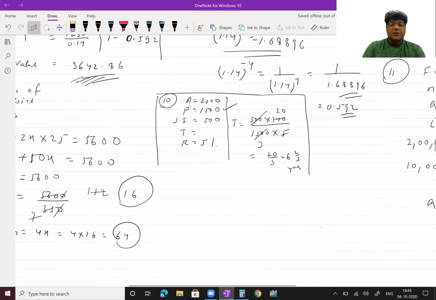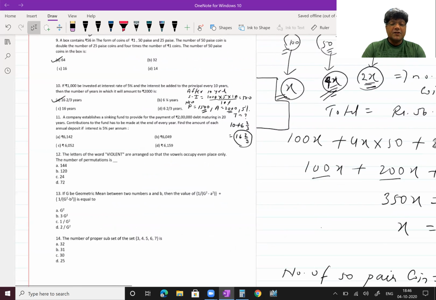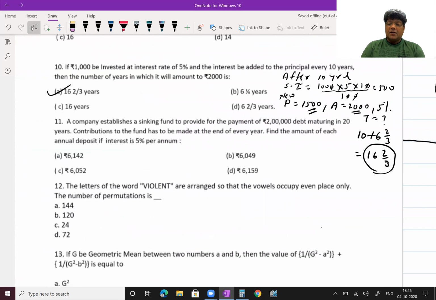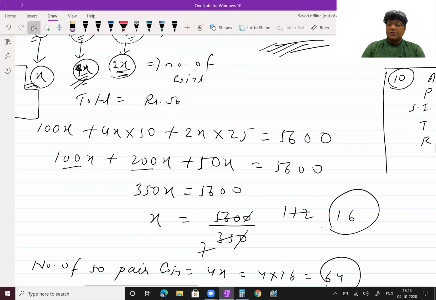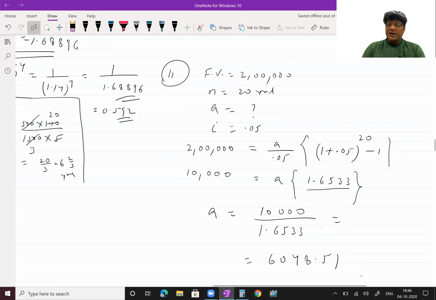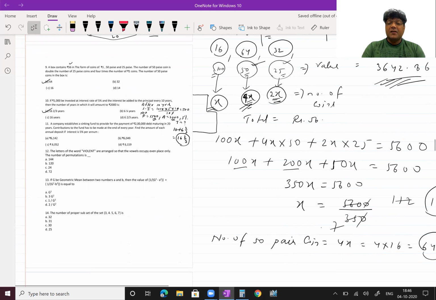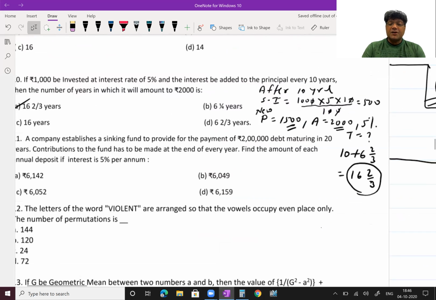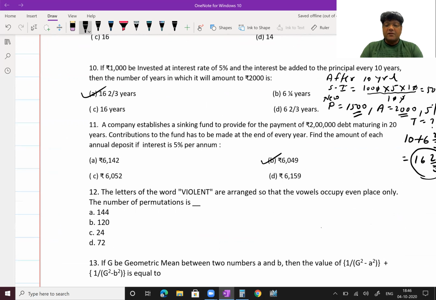So your answer will be near about your option. The option closest to this is 6049. Our answer came 6048.51. So rounded, it will come 6049, because more than 50 paise means rounded to the next rupee. So your answer will be, guys, 6049 for this question number 11.